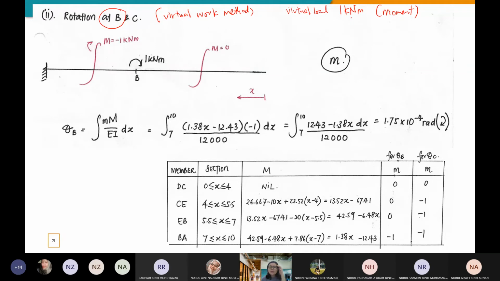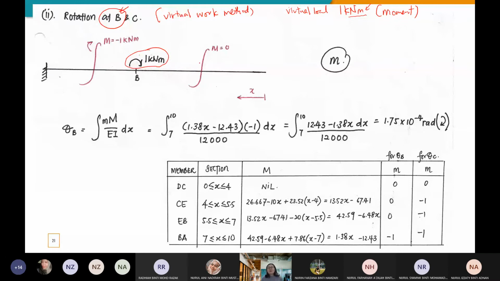So now I remind all of you that for a moment the unit is kilonewton meter. Of course, you can use Newton meter and so on, but you shall not forget about this meter, because it's load multiplied by distance. So we are going to apply it at the point of interest, which is at B. You can assume either clockwise or counterclockwise. You apply it at B.